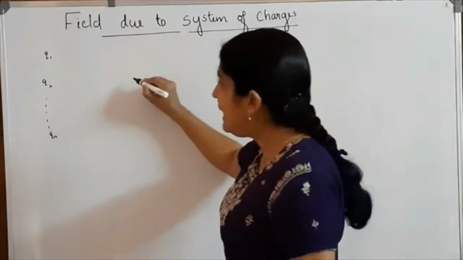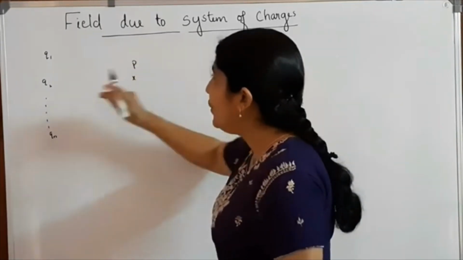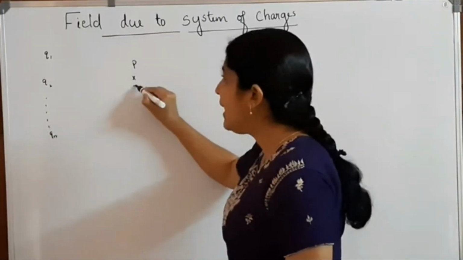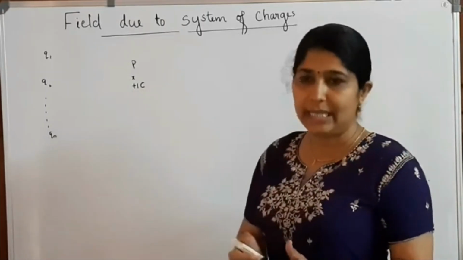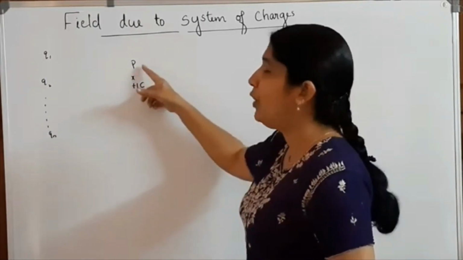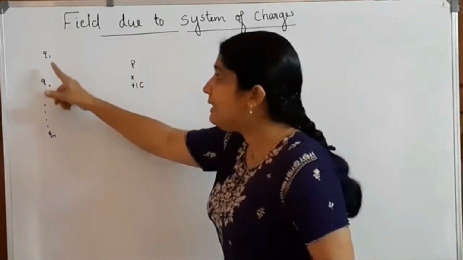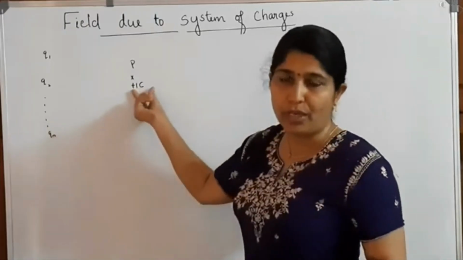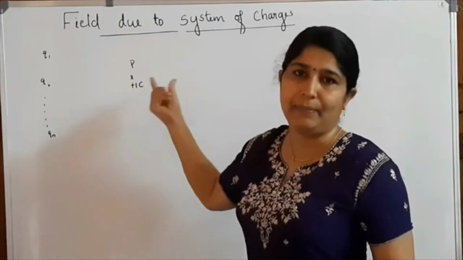To find the electric field intensity at the point P due to these charges, we place a unit positive charge at that point, that is, 1 coulomb of charge at the point P. Then the force exerted by these charges on the plus 1 coulomb of charge will give the electric field intensity.